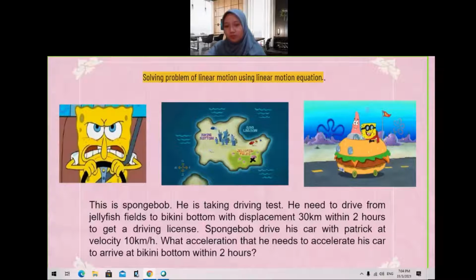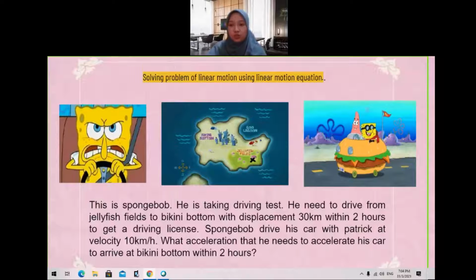What acceleration does he need to accelerate his car to arrive at Bikini Bottom within 2 hours? So here, what are the numbers that are involved? 30 kilometer, 2 hours, 10 kilometer per hour.